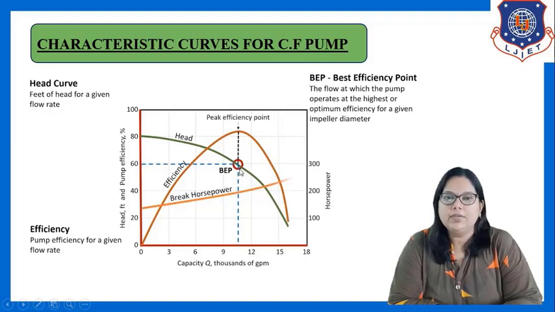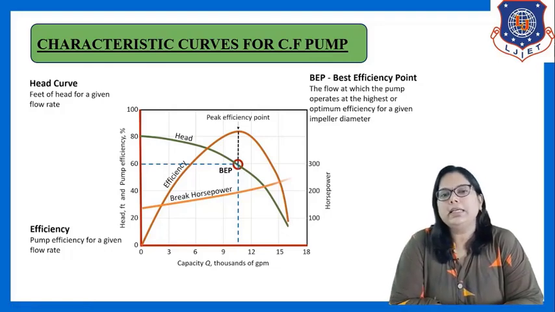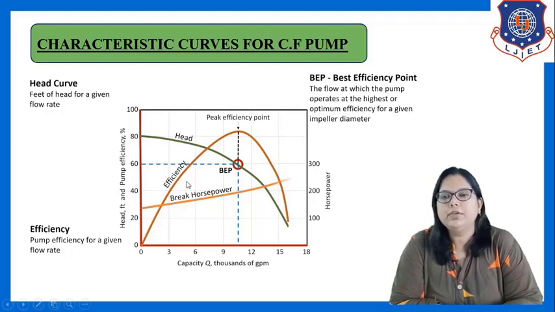In the graph it shows the relation between these properties. You can easily understand from this graph, we start with efficiency. You can see that efficiency is rising up to some point and then it will decrease with respect to capacity.